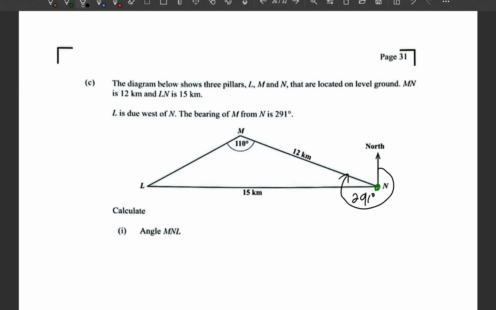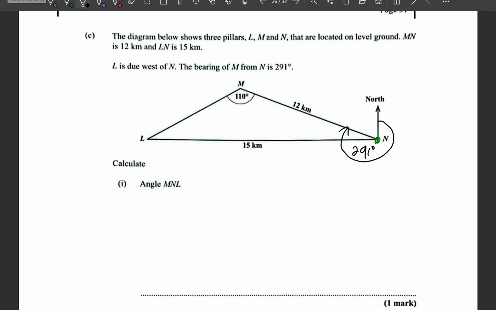Right, the first thing they want us to do is to calculate angle MNL. They want this angle on the corner here. Because they told us L is due west of N, we know that this angle here would be a right angle because these lines would be perpendicular. These are cardinal points. So we show that this angle here is going to be 90 degrees.